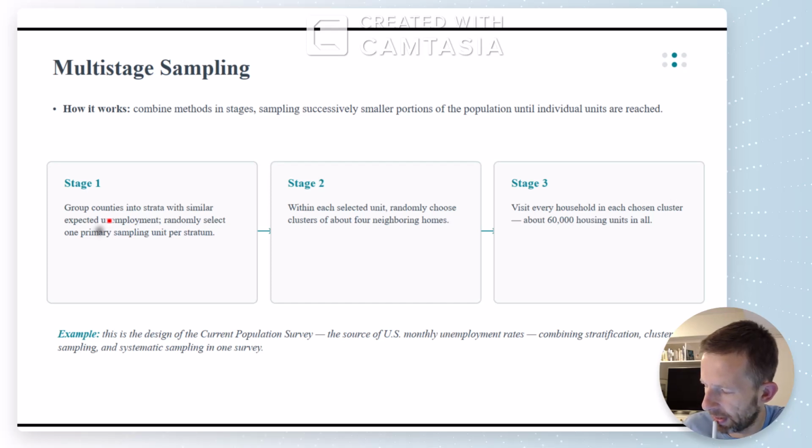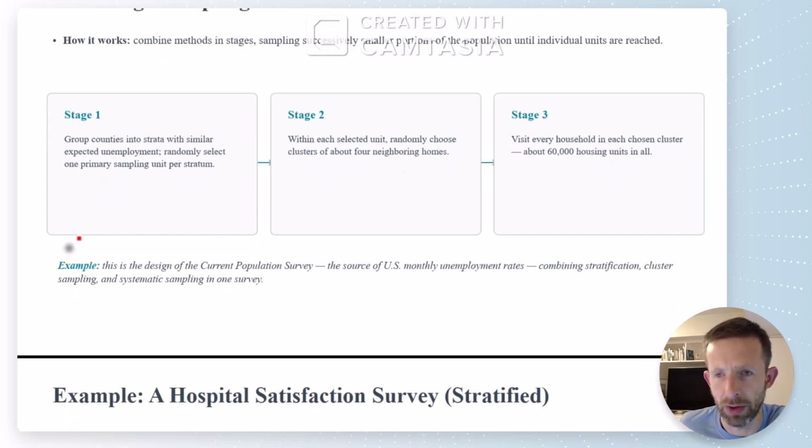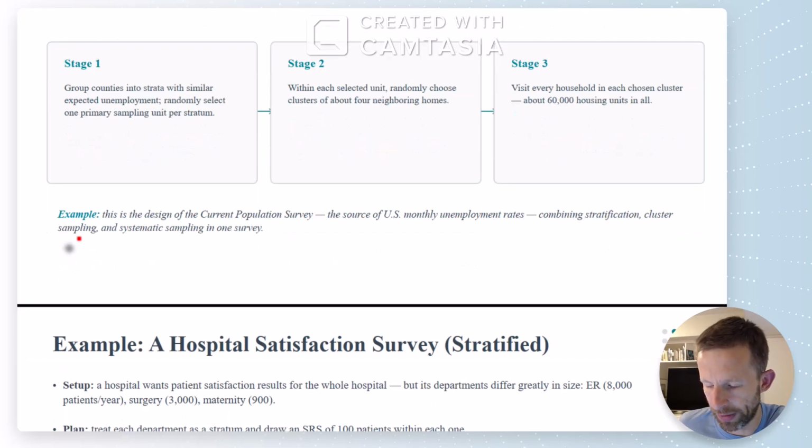Visit every household in each chosen cluster, about 60,000 housing units in all. This is the design of the Current Population Survey, the source of U.S. monthly unemployment rates, combining stratification, cluster sampling, and systematic sampling into one survey. So at times it makes sense to combine a bunch of these methods, and you just want to know which one you're doing at what stage.